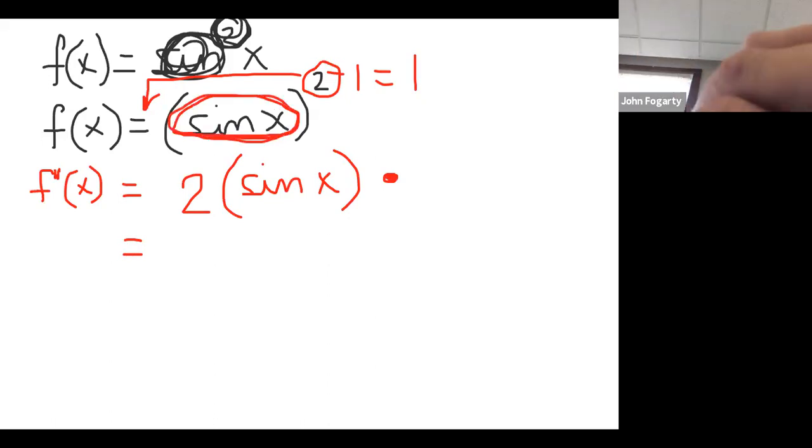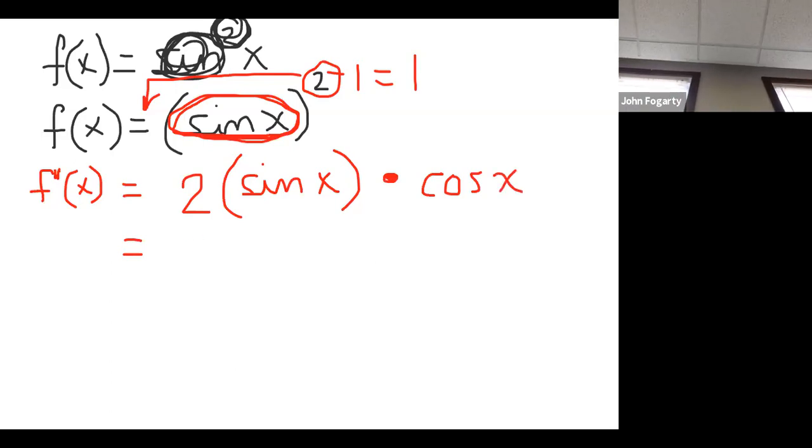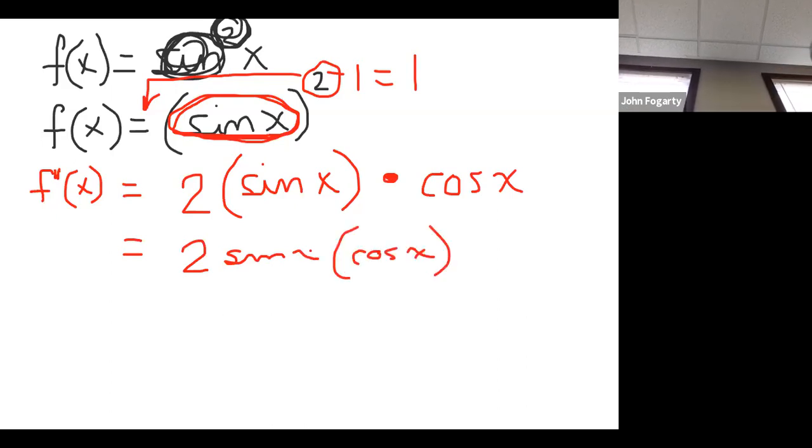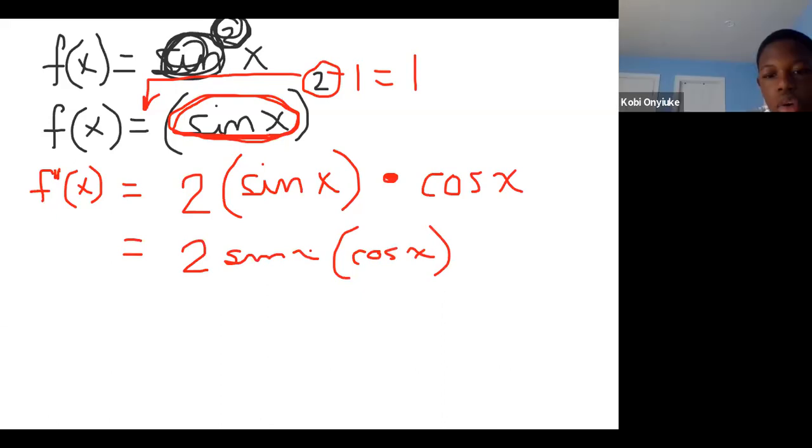What's that? Cosine of x. Very good. So there's your answer: 2 sine of x, cosine of x. Not too bad, right? Pretty good. Next one. Try this one.